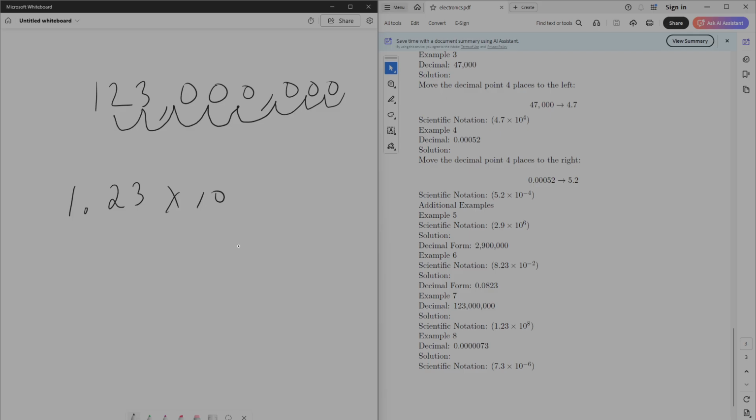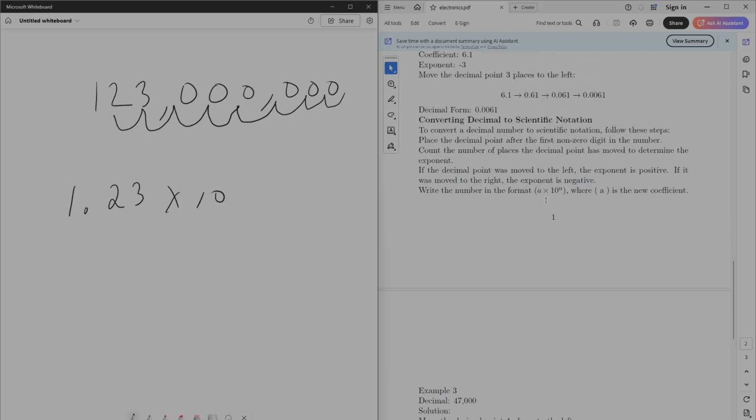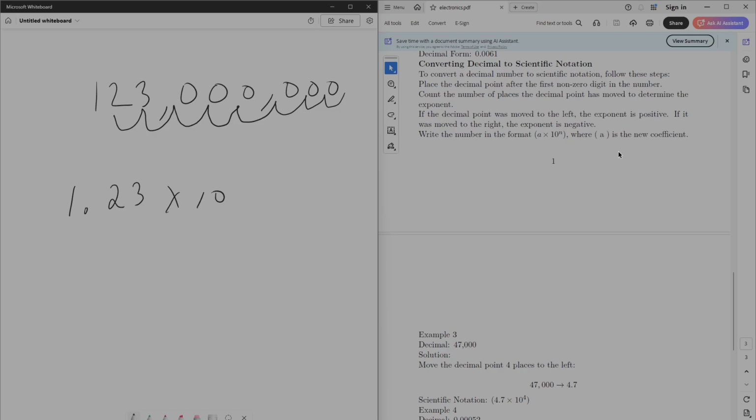Since it was moved to the left, that means the exponent is positive, so it has to be positive 8.